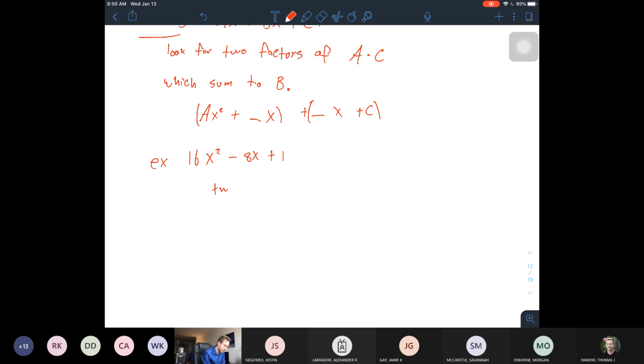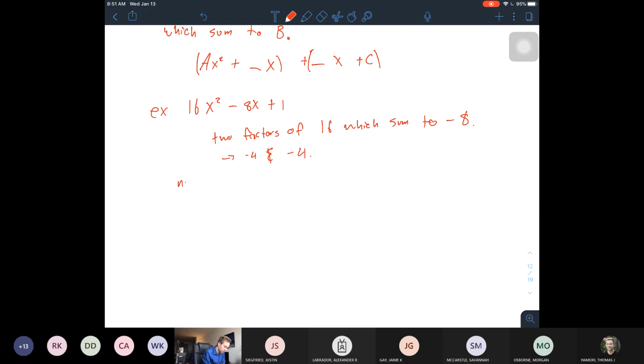So we need two factors of 16, which sum to -8. That's going to be -4 and -4.